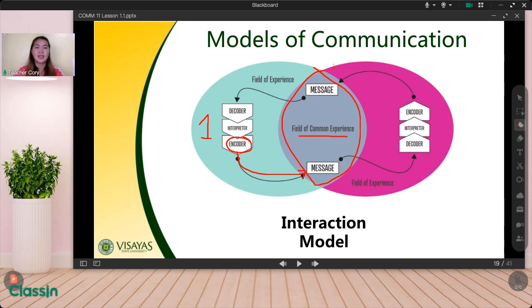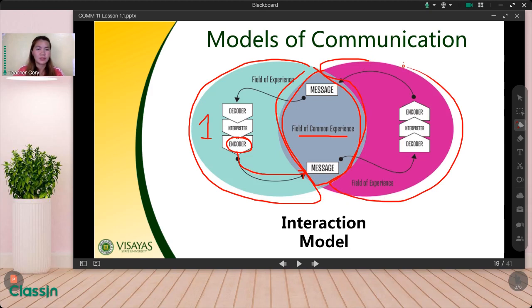So they understand each other here, and these are their differences here. On the other side of the circle, outer. So this is the area where they overlap, and that's where the common experience is. Okay, so message, and then this will now be decoded by the second speaker.